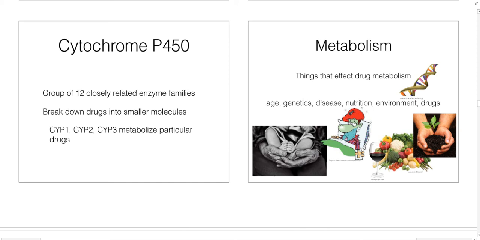These can all affect the quality of metabolism. Certain drugs that you'll learn about will actually inhibit P450 metabolism of other drugs, allowing those drugs that were meant to be broken down to run rampant and have a much stronger, longer lasting effect because of that.